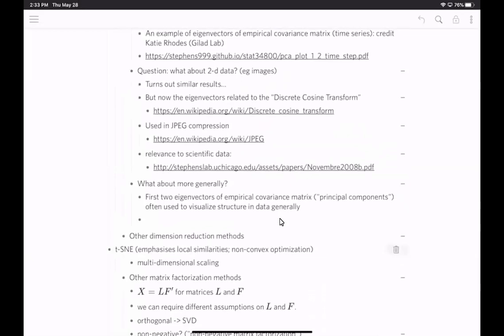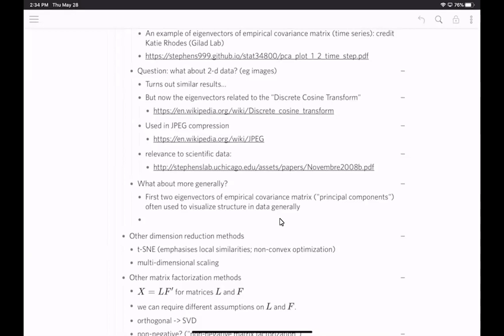One common way, which needs a lot of tuning but is very popular right now in genomics, is this thing called t-SNE, t-distributed stochastic neighborhood embedding, and there are also nonlinear versions of principal components analysis that have similar ideas. Manifold learning is another buzzword.